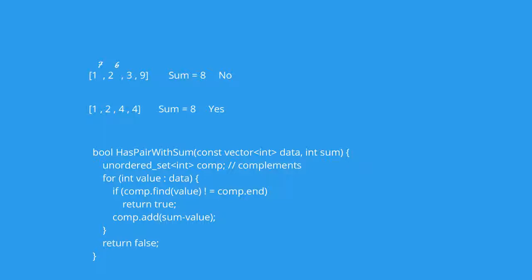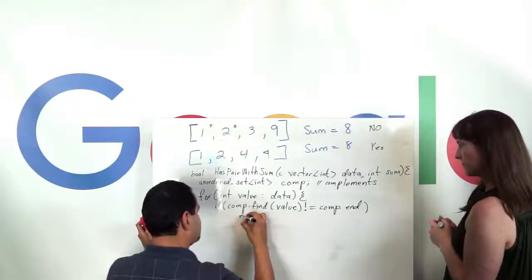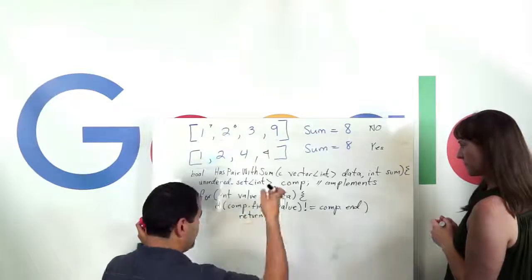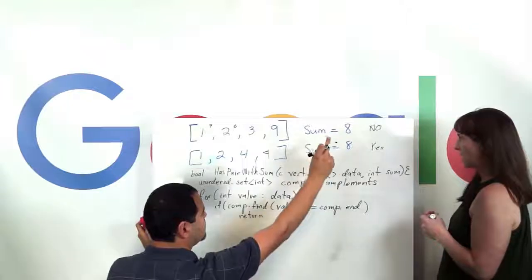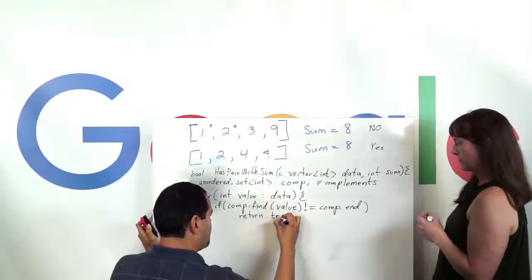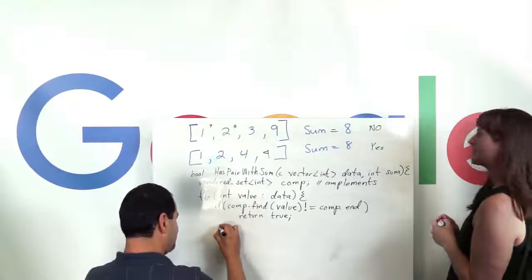And if I have seen it, so that means if it's not at the end, then that's it. That should be a return true, because this current element and something that I have seen in the past add up to the sum. So obviously it depends on what I've been inserting, so that's what I'm going to do here.